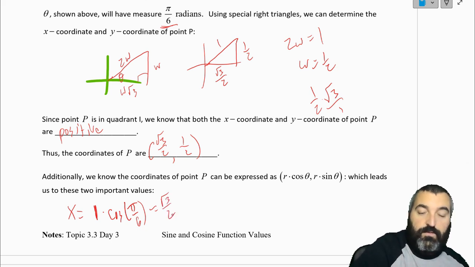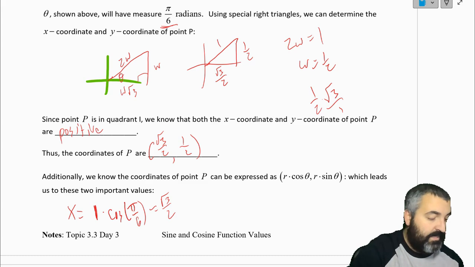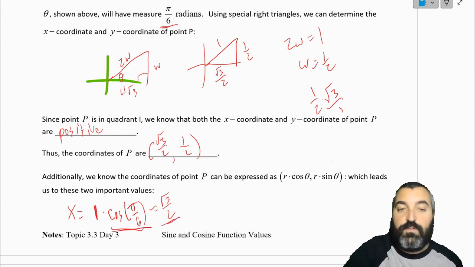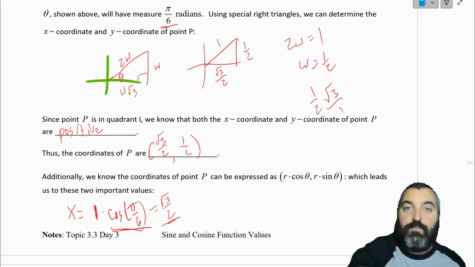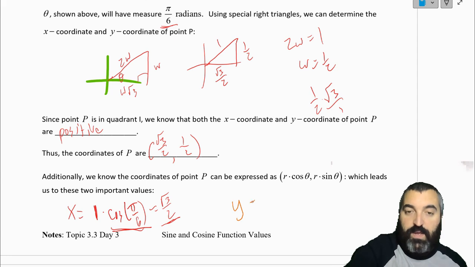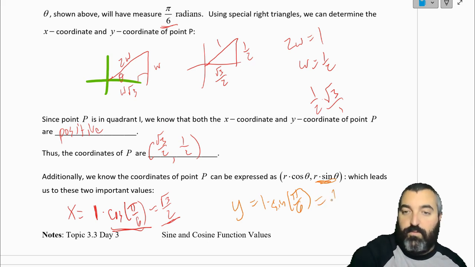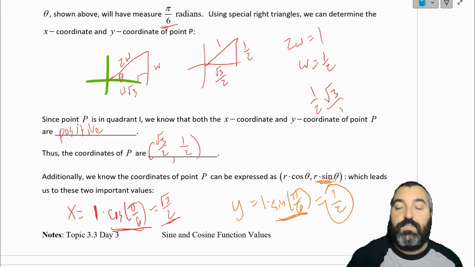So that tells me that the cosine of pi over 6 is always equal to root 3 over 2. Same logic, the y value, which is 1/2, is 1 times sine of pi over 6. Right? And that's me just plugging in what I have, and I know this is already equal to 1/2, which again tells me sine of pi over 6 is 1/2.